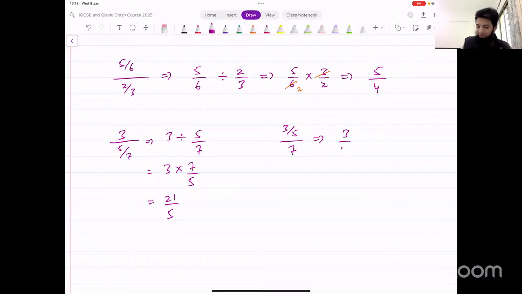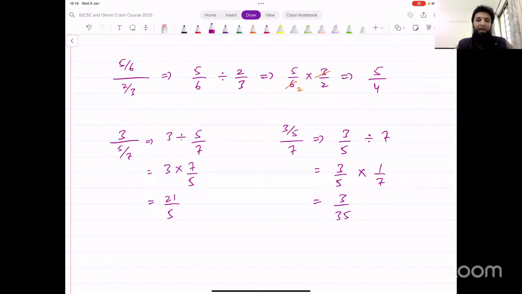This is going to be 3/5 divided by 7, and that gives us 3/5 multiplied by 1/7, since this is division by 7, and that is 3/35. Okay, so this is an easy way of doing this, although it takes slightly longer. This is the logical way of doing this.